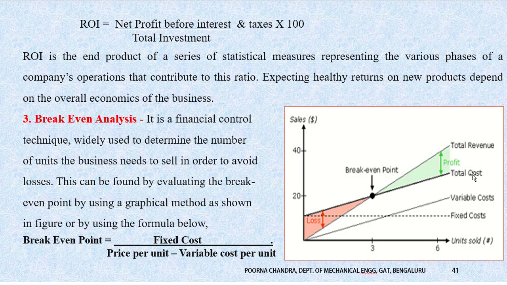This is the total cost and total revenue achieved. So here we have x-axis units sold and y-axis the sales. So as the sales increase, we can increase our sales in different units. So obviously the total cost and total revenue will be more, right? So this is how we can identify the break-even analysis.